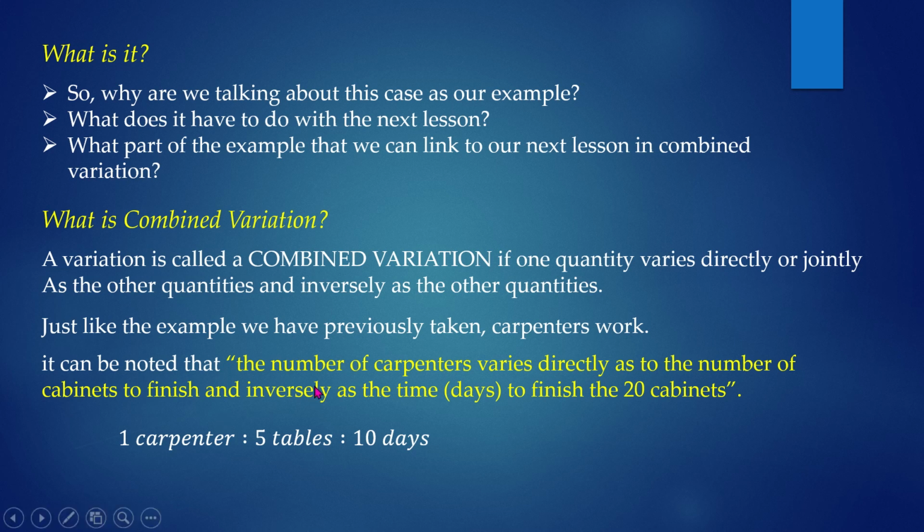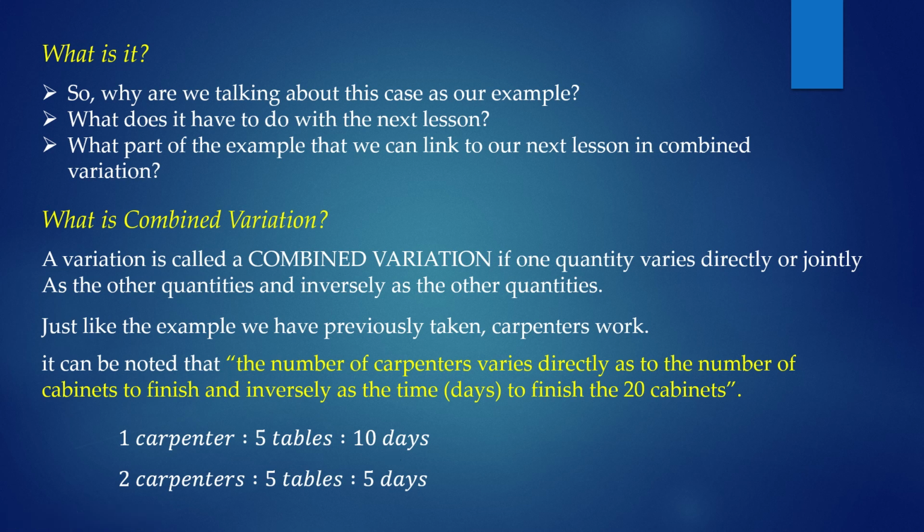And inversely as the time, or days, to finish the 20 cabinets. In the second plan, two carpenters work on 5 cabinets, sorry, cabinets not tables. The number of cabinets per carpenter is constant. So with two carpenters working on 5 cabinets, there are four groups, right? One group finishes in 5 days. So the more carpenters, the fewer the days spent. The fewer the carpenters, the more days it takes to finish the work.